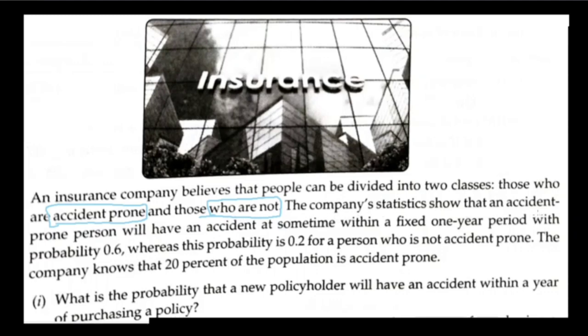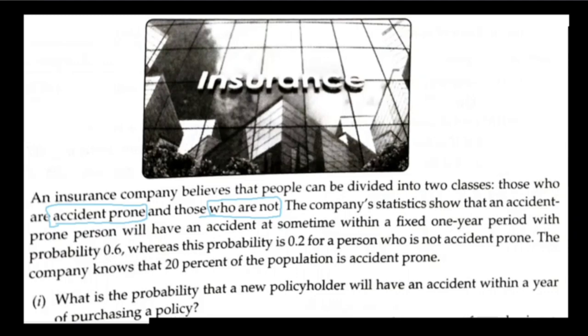Company statistics show that an accident prone person will have an accident at some time within a fixed 1 year with a probability 0.6. Here, within 1 year means a new policy holder.